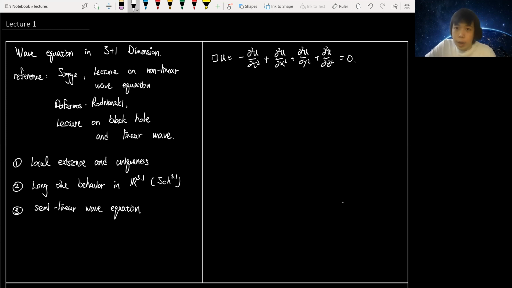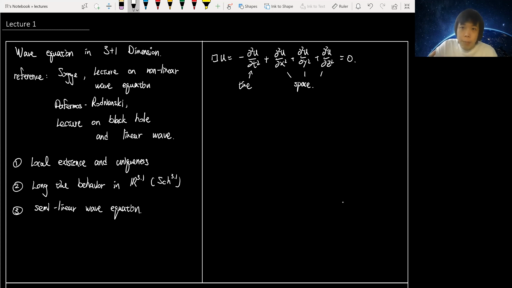And here we can see that the t variable plays a different role from x, y, and z. So this is the time variable, and the other 3 are space variables. So we use different notation to distinguish them.